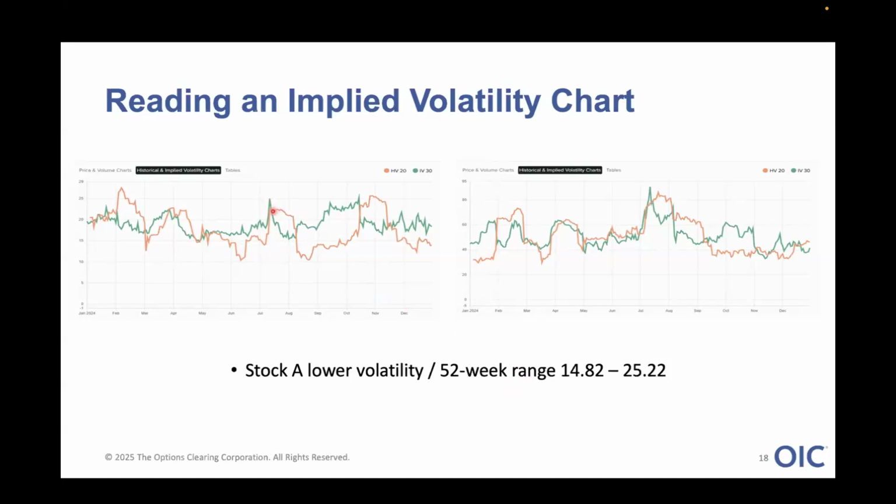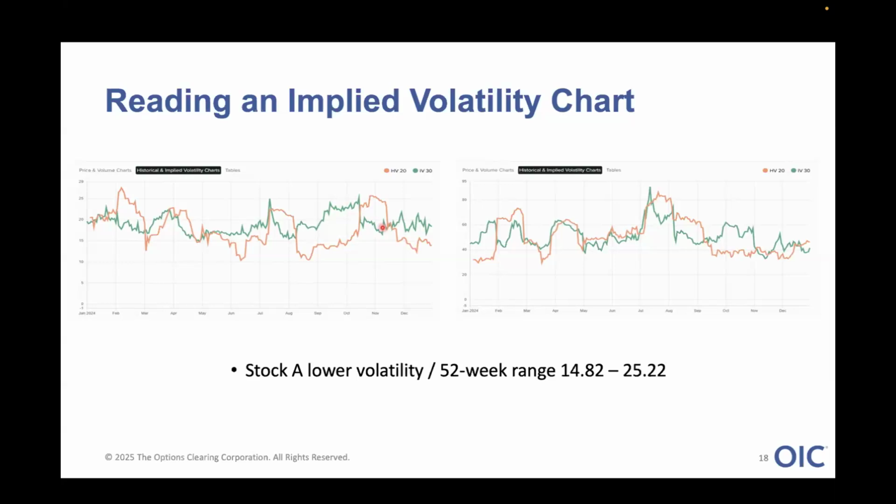And when it gets into the mid to high 20s, I'm more of a seller. You can see that when the implied volatility gets low, it historically drifts higher. And then when it gets high, over time it historically drifts lower. That's what's called mean reversion. Volatility is a mean reverting concept, but it only reverts over a long period of time.